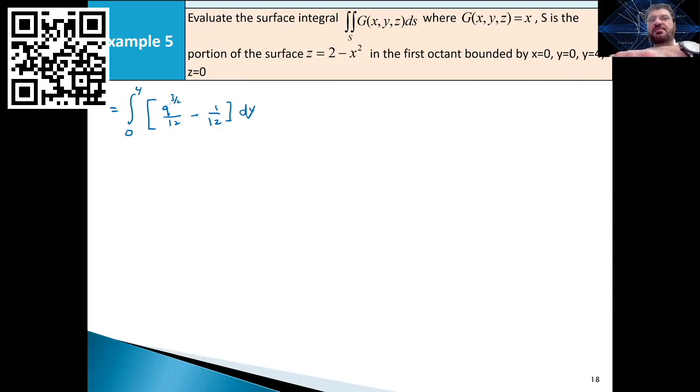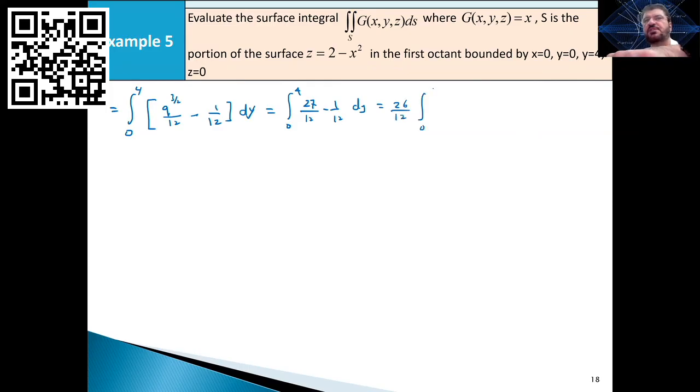But 9 to the 3/2 is 3 cubed, which is 27. So this is the integration from 0 to 4 of 27 over 12 minus 1 over 12 dy, and this is 26 over 12.